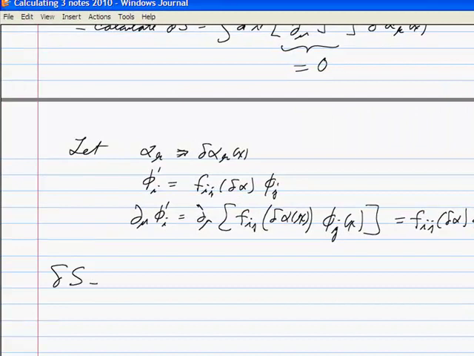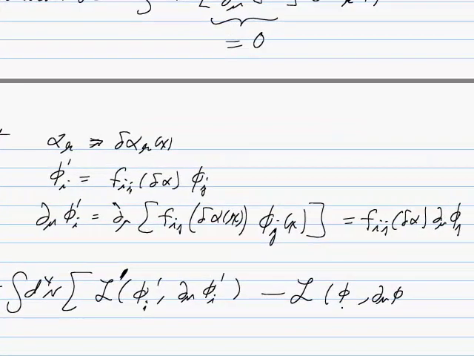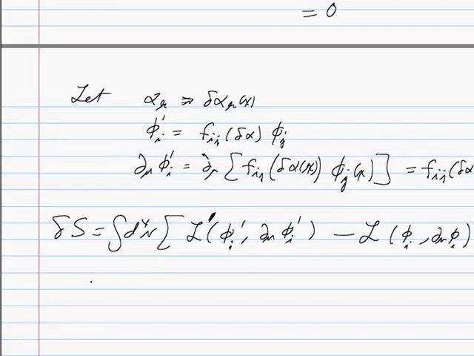So here's delta f. Delta f is the integral d4x, the Lagrangian of phi prime, d mu phi prime, minus the Lagrangian, and let me put a prime on the Lagrangian too, of phi, d mu phi. So there's what we have to do. Well, just by doing the variation, here's what you do.